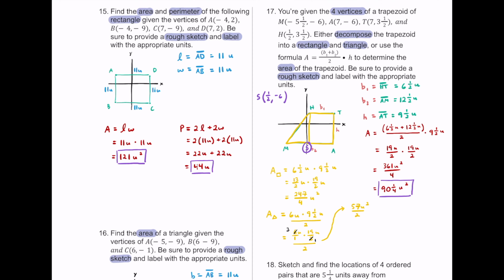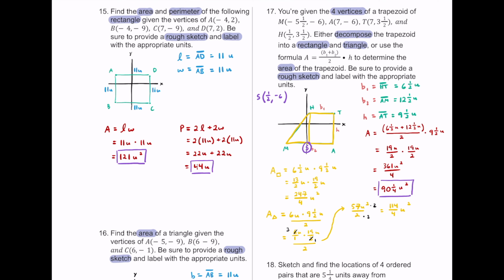Now if we take a look at 2 things here, we have the rectangle and then we have the triangle. We have to add these together since they are the 2 pieces of the trapezoid. So let's get common denominators. Let's do times 2 times 2. If we do that, we're going to get 114 over 4 units squared, okay?